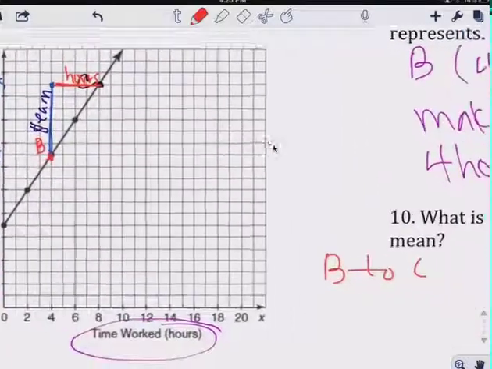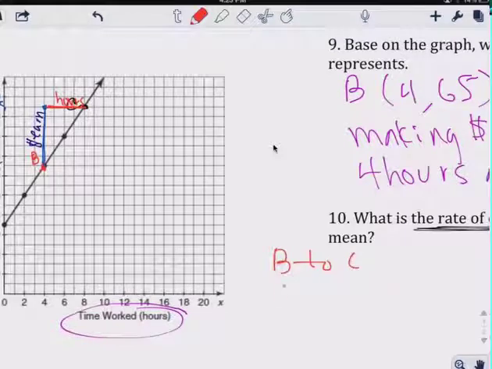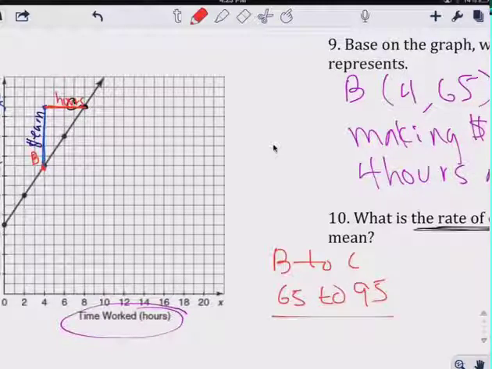Okay, so let's see. The earn amount is from 65. B is 65 to C. Earn amount on C is 95. Over, okay, this hour right here, which is 4, and this hour here, between those 2 hours, which is 9 or 8.